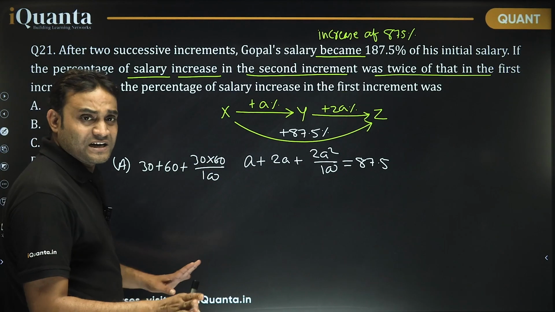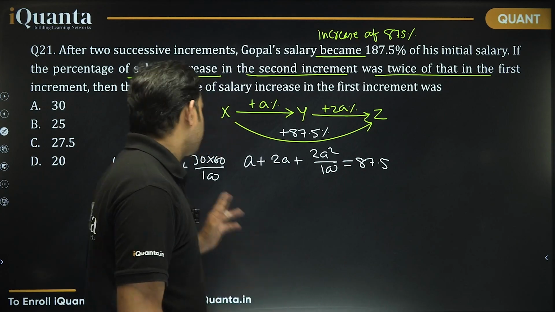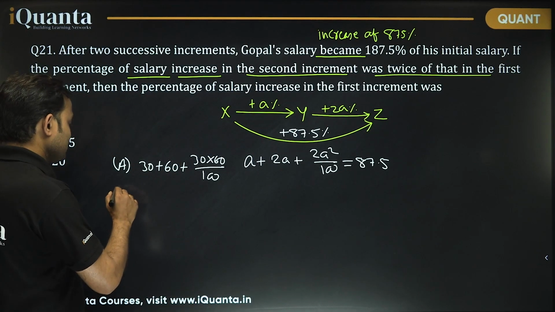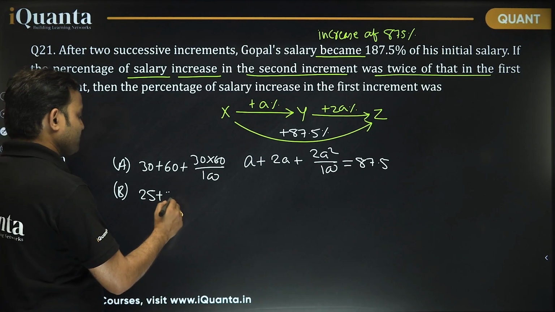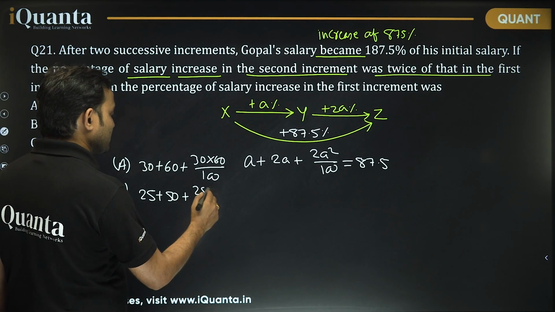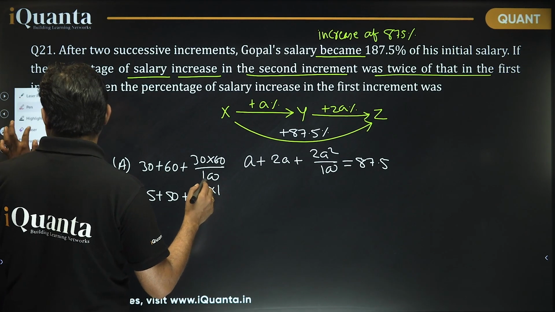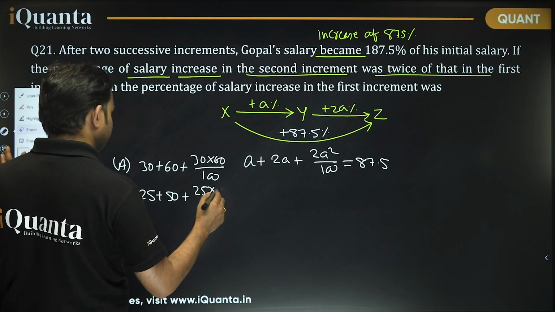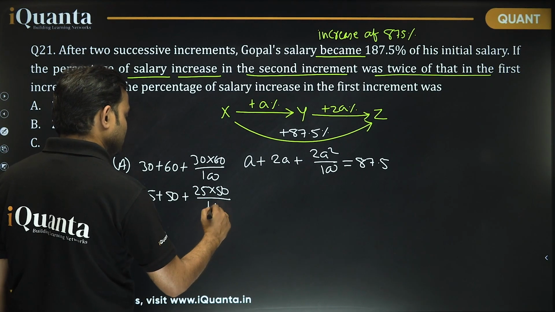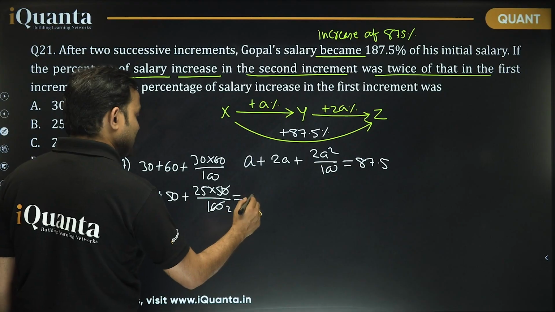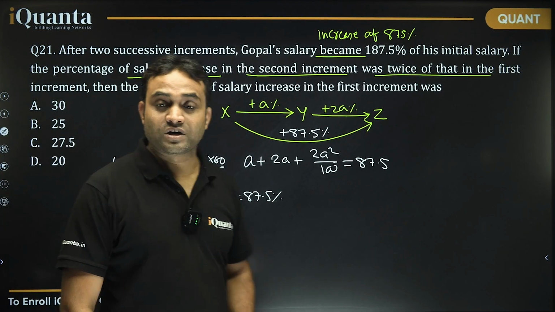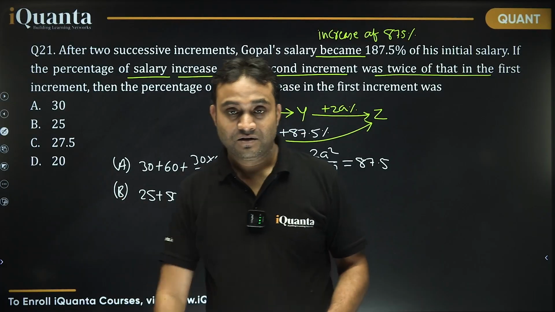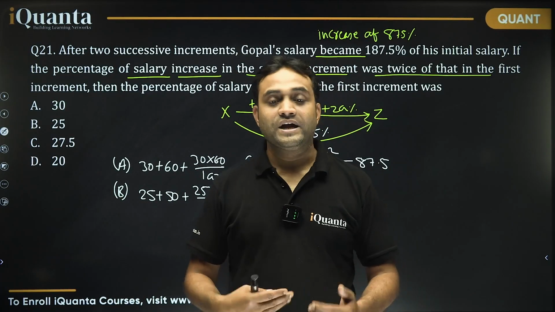This is definitely not 87.5% because 30 plus 60 is already more than 87.5. Then if we take 25, then 25 plus 50 plus 25 into 50 upon 100. So if you check, this is exactly 87.5%, right? So we don't need to check option C and D here, although they are not equal to 87.5%.